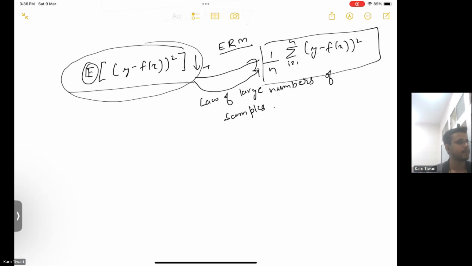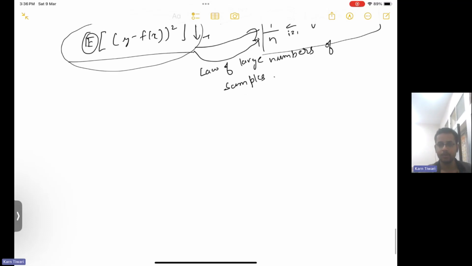This is a common technique. For example, you might have known about the central limit theorem. It states that if we have a certain distribution and we get more and more samples from that distribution, and you take the summation over all the random variables and divide by n, this tends to the mean of the distribution.